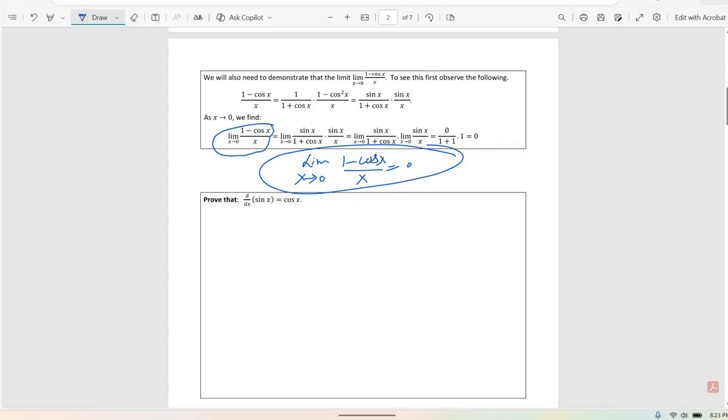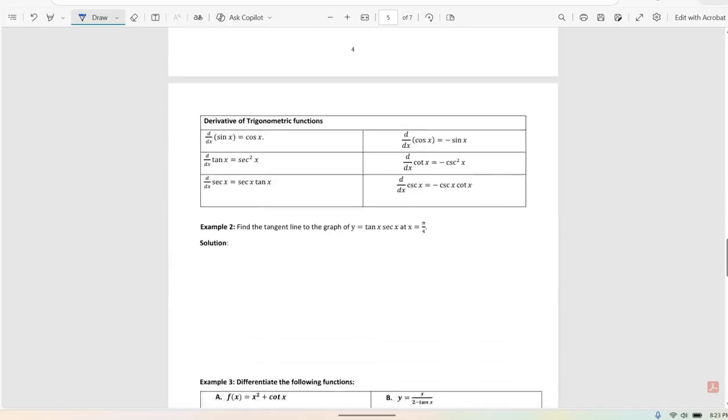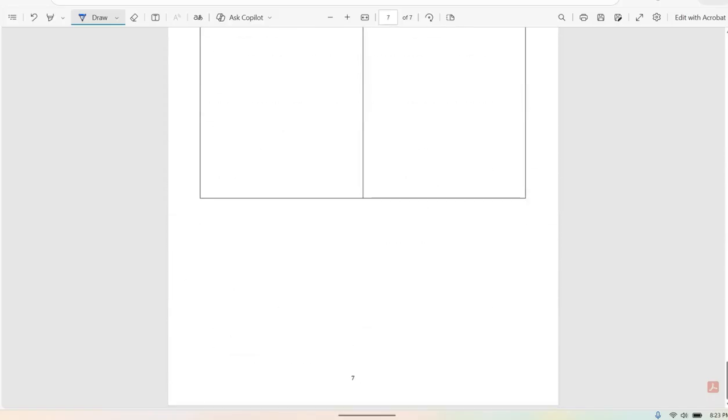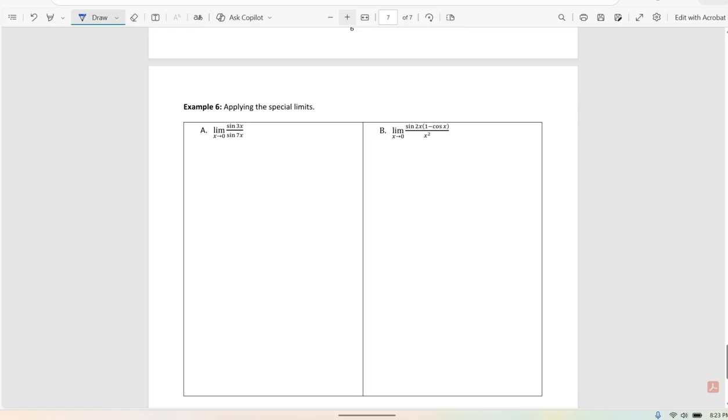Okay. Now, why am I talking about these? Because we use them. We're going to do two questions based on that. These are special kinds of limits. The first one here is the limit as x approaches 0 of sine 3x by sine 7x.